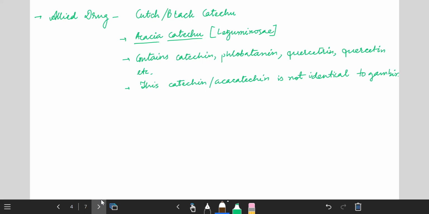And this Kath or Black Catechu contains catechin near about 2 to 12% and tannin which is 25 to 33%, and others are quercetin, moisture, etc. And this catechin is not identical with the Gambier.